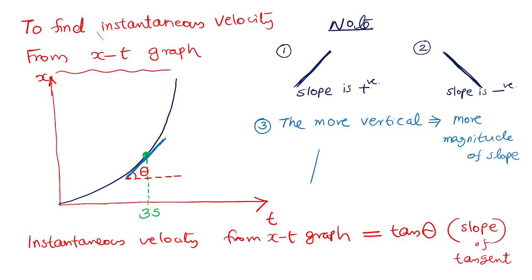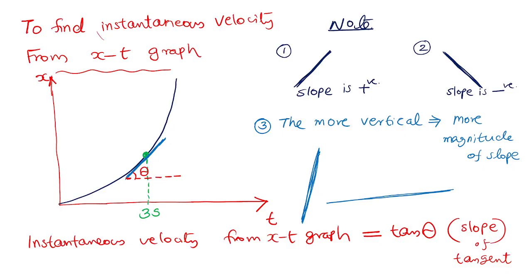For example, if we have a road like this, we say that its slope is too large. The road has a much larger slope. But if we have a road like this, with a small angle, the slope of the road is smaller.